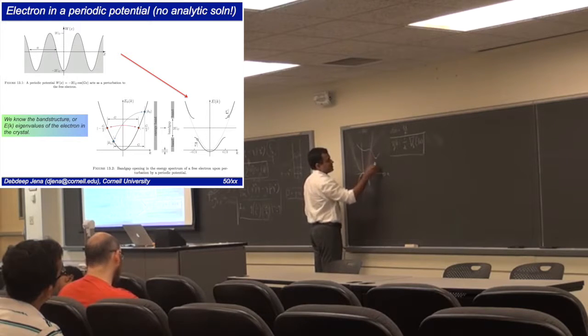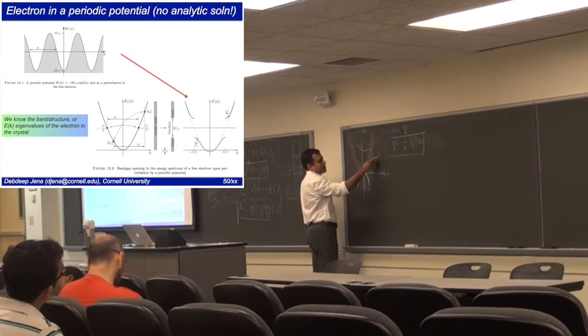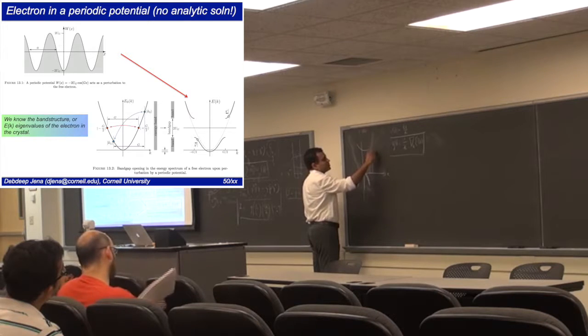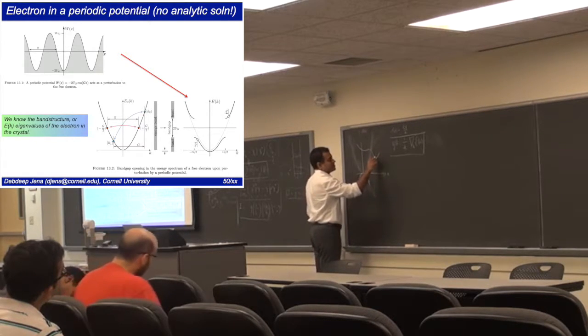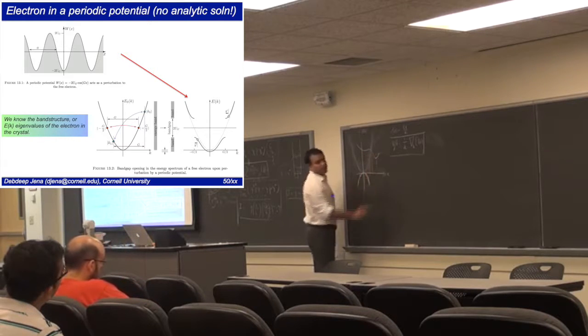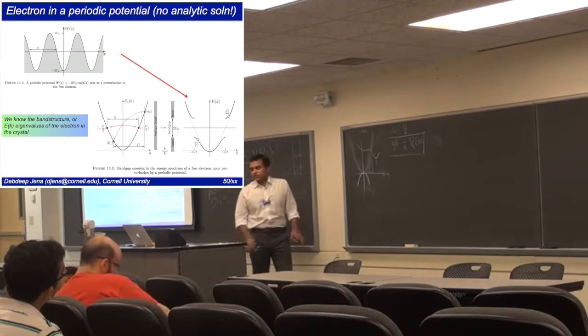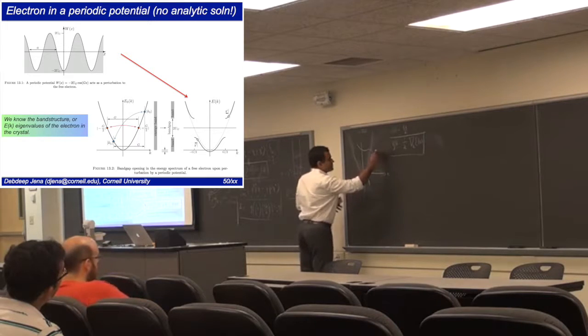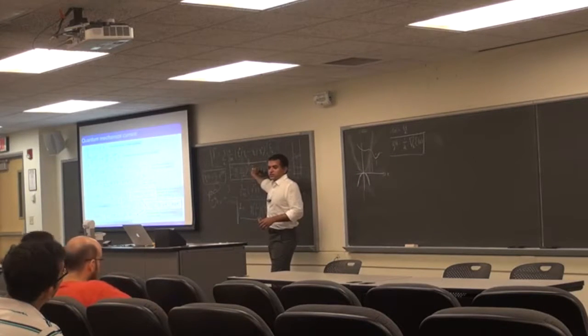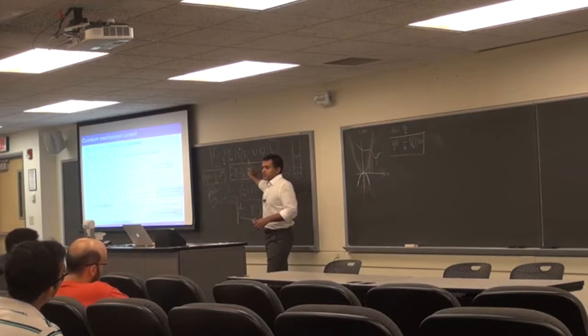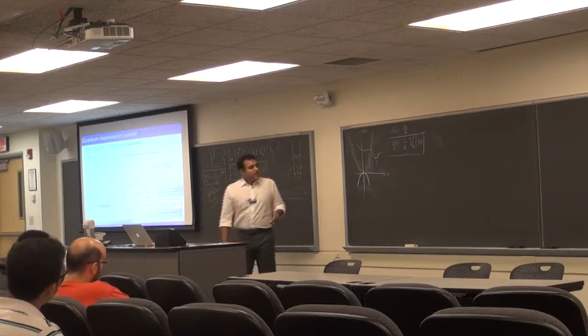Then you can apply a field and ask what is the current flowing. Then you look at those states, find their group velocities for each of the occupied states, find the occupation functions, and then apply this, and you get the current, right? Does that make sense? That's the procedure.